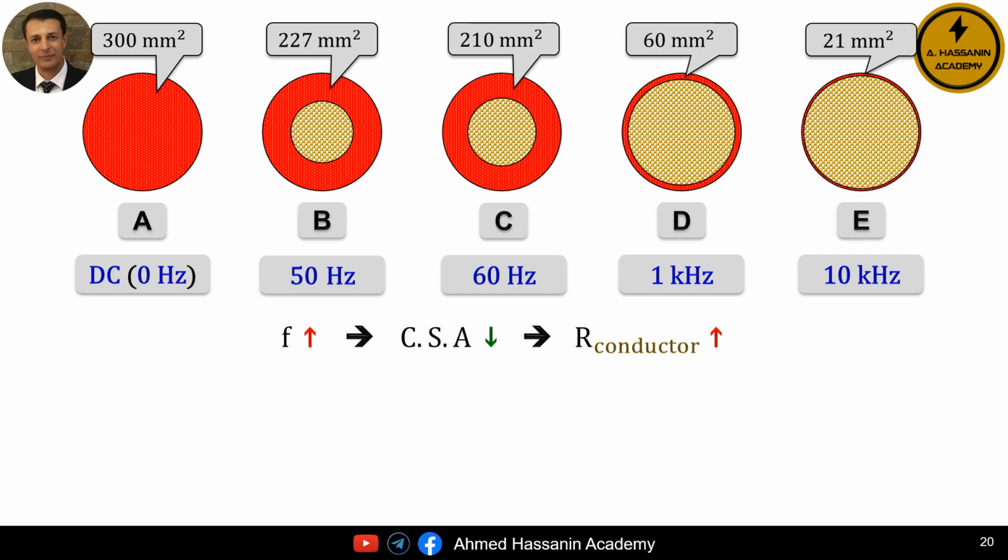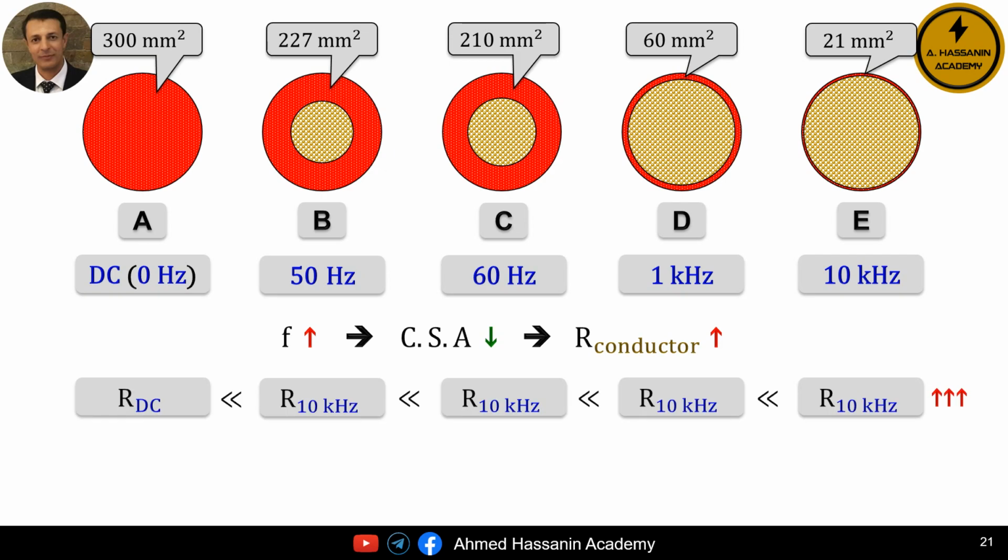And as we can clearly see, the cross-sectional area decreases as the frequency increases, which leads us to understand that the resistance of the conductor increases as the frequency increases. Therefore, the resistance of conductor E, which is the conductor operating at a frequency of 10 kilohertz, will be the highest possible due to the increase in frequency.